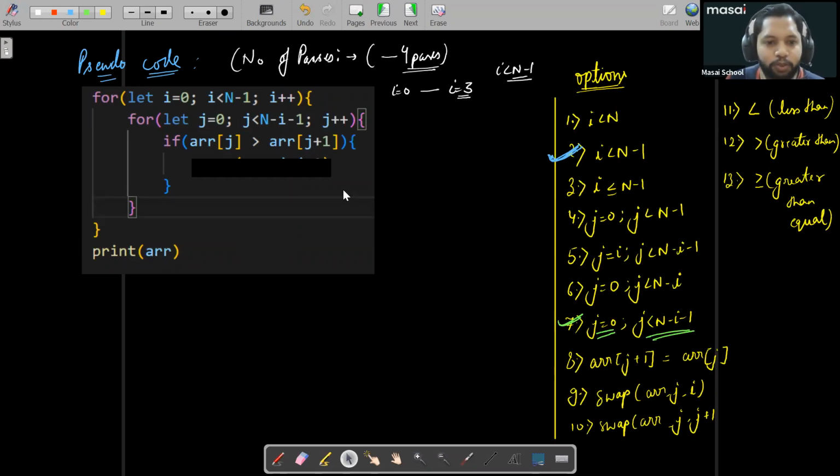Okay. Swapping in which elements? Can you guys tell me the option number? Okay. Someone is saying incorrect answer. So I want you guys to raise your hand so that this blanket will remain closed. Please raise your hand, guys.